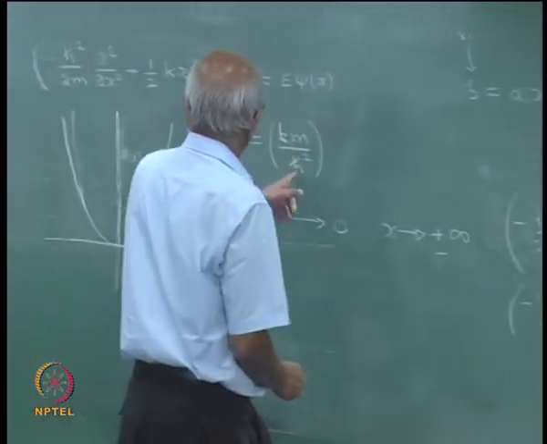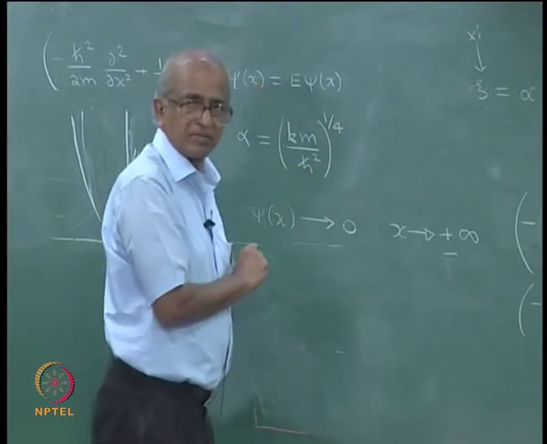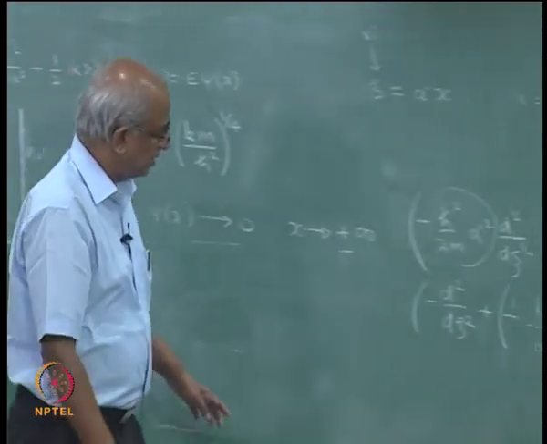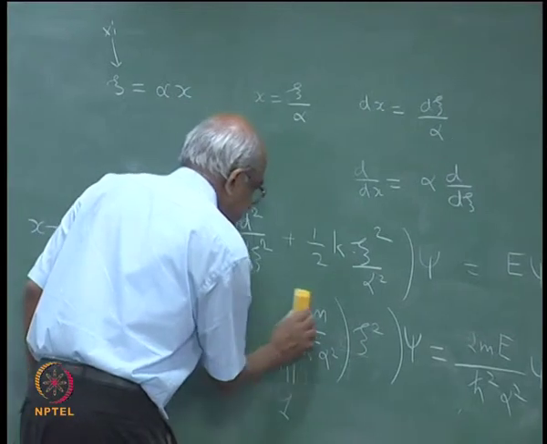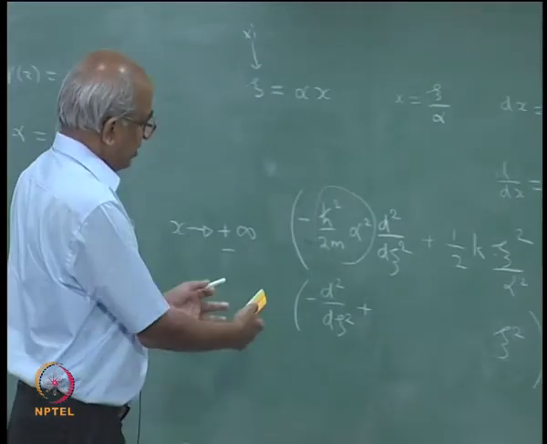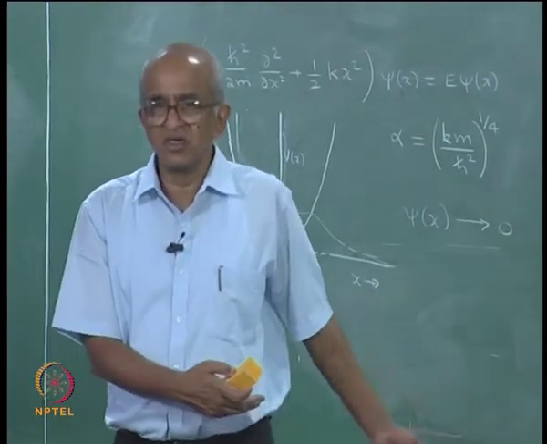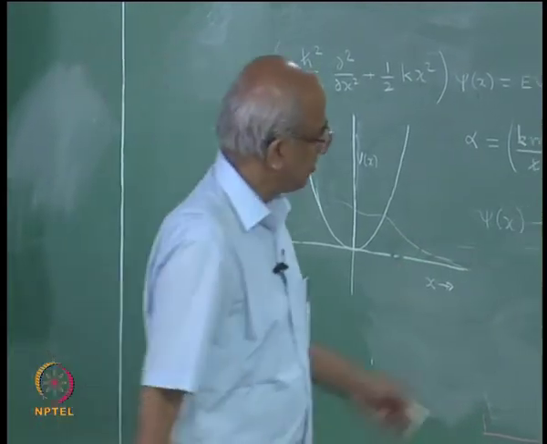It has to be k into m by h cross square to the power of 1 by 4. If I chose that, then I am happy because this is equal to 1, and at least my left hand side looks very nice, because it is minus d square upon dc square plus c square.